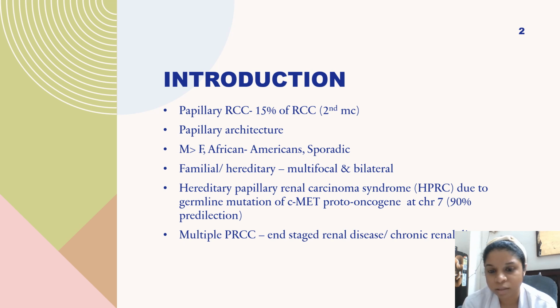That setting is much more common than the hereditary papillary RCC syndrome. So when you get multiple papillary RCC, you should check whether there is end-stage renal disease or chronic renal disease, and then you should check for c-Met mutation.